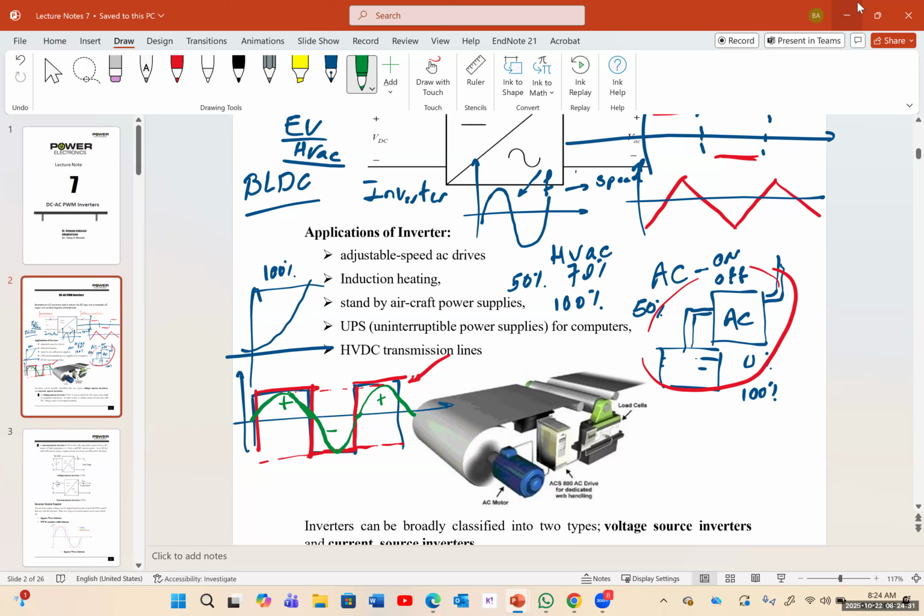And the other thing about these inverters, as mentioned, you can have a square wave, sine wave. There are also other types of inverters. Some of them produce a triangle. This is in between. It's not as good as the sine wave, but it's cheaper and it works well in most cases.